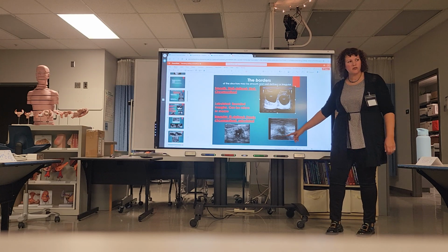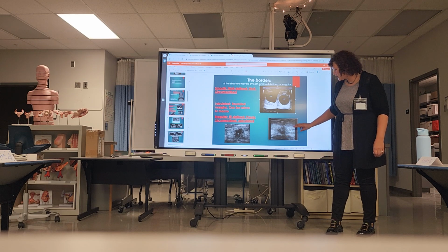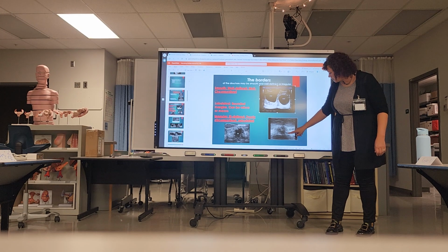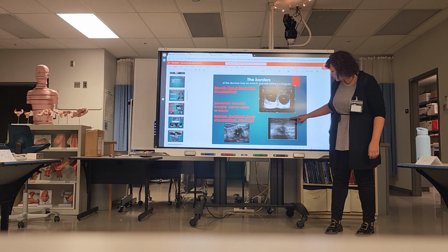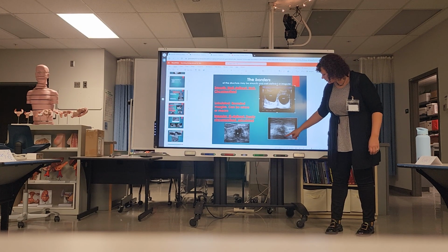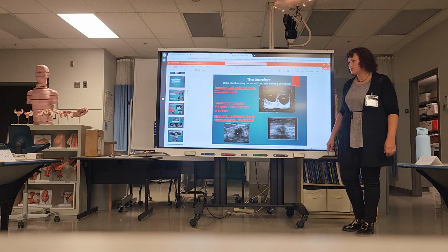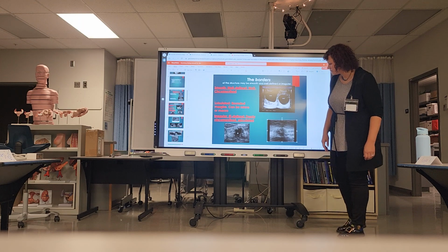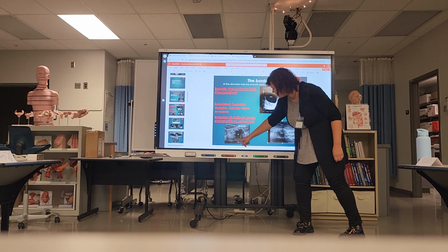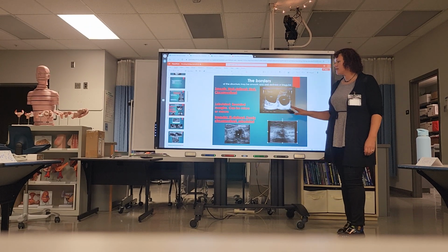No, it's not shadowing. This is the breast tissue from here to here, and underneath here would be your chest cavity, so it looks dark down there. The same thing down here. Any questions about borders?